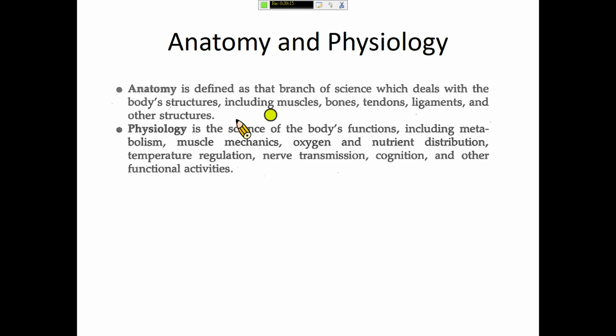Yet, trying to understand how these different muscles, different bones, different organs, different tendons, ligaments, these are just the skeletal part. We have lungs, we have hearts, we have eyes, we have blood vessels, we have so many things. Trying to understand how they work together, how they function together, is physiology.